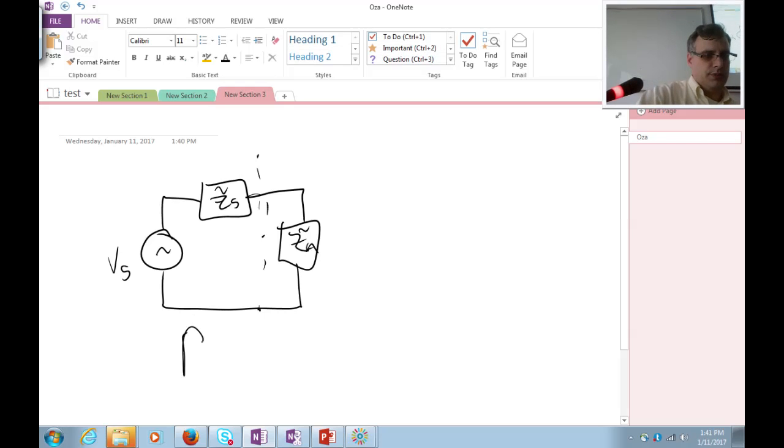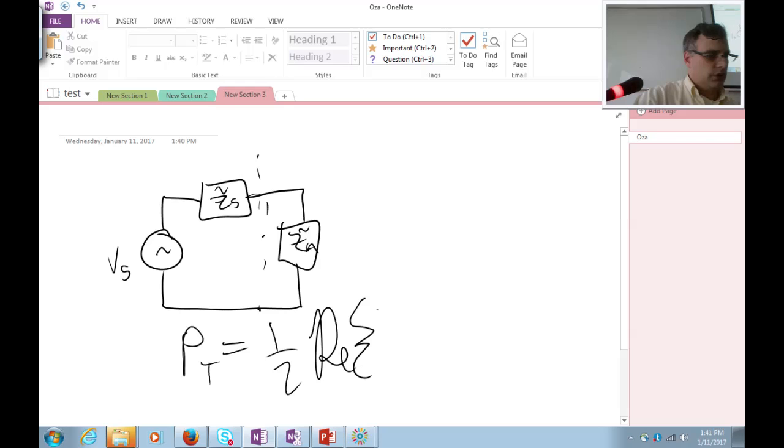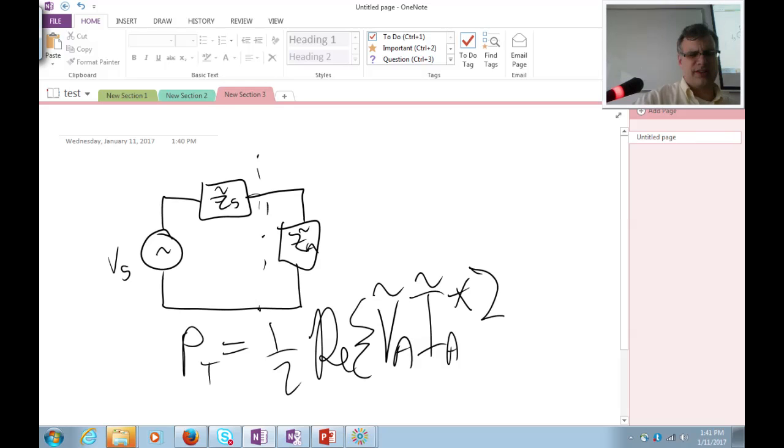And if I use my circuit theory, P sub T is equal to 1/2 the real value of my voltage across my antenna times my current across my antenna complex conjugate. Make sure the complex conjugate is there. I see it's not in one of the notes that I have. Just make sure that that's there.